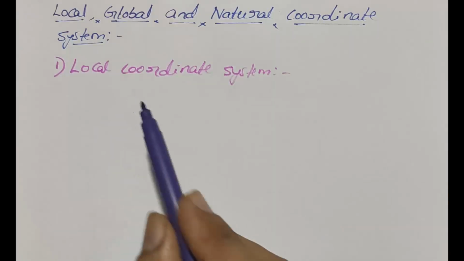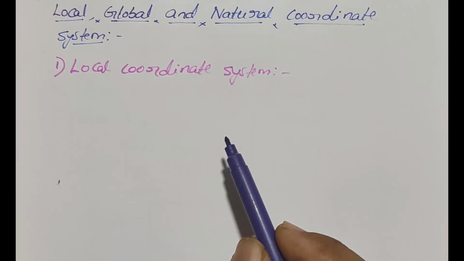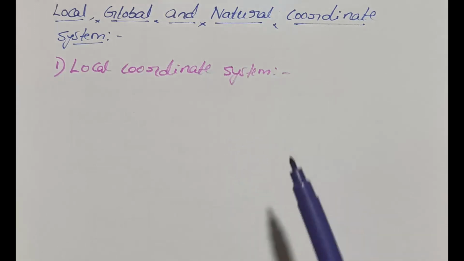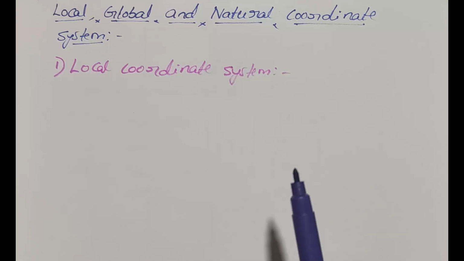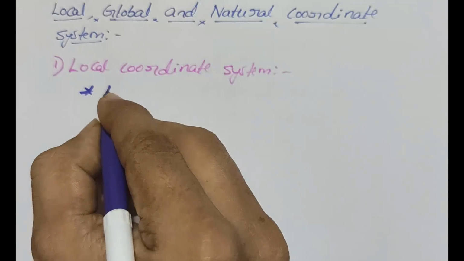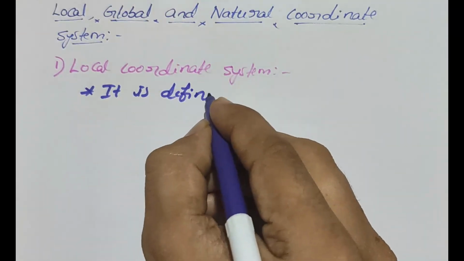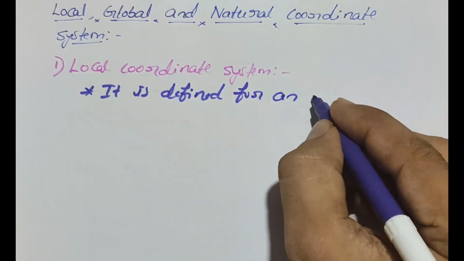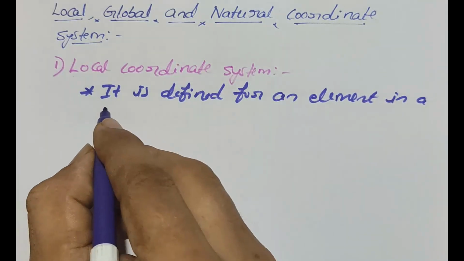See here, this local coordinate system is defined for individual element in a structure depending on the orientation of the element.